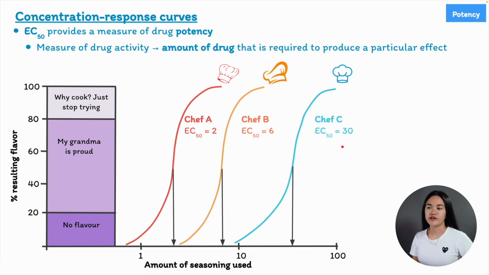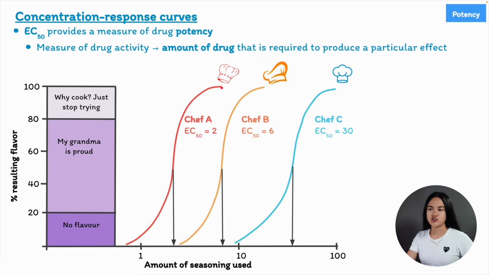Let's now visualize plotting the quantity of seasoning each chef used on the x-axis of a graph and the final flavor of the dish on the y-axis. So this graph resembles a concentration response curve, okay? As you move from left to right on the graph, the amount of seasoning increases. For Chef A, the curve starts at a low seasoning amount, rapidly increasing, and then levels off at a high flavor point.